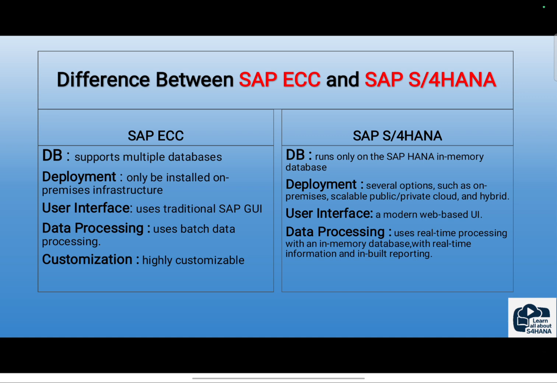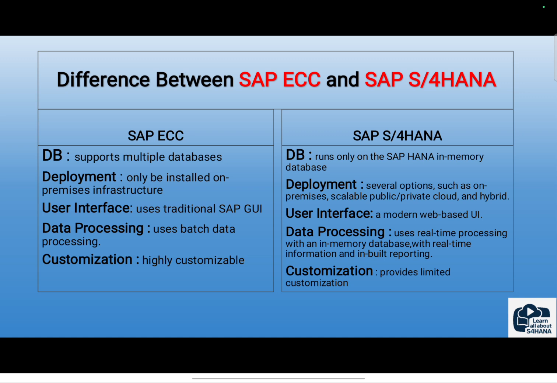SAP S/4HANA provides limited customization, but it uses SAP UI5 and Fiori for low-code extensibility. That is the difference between ECC and SAP S/4HANA, which leads to best practices for reducing upgrade risks.